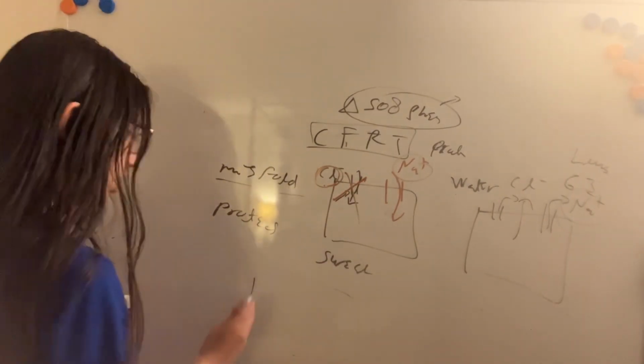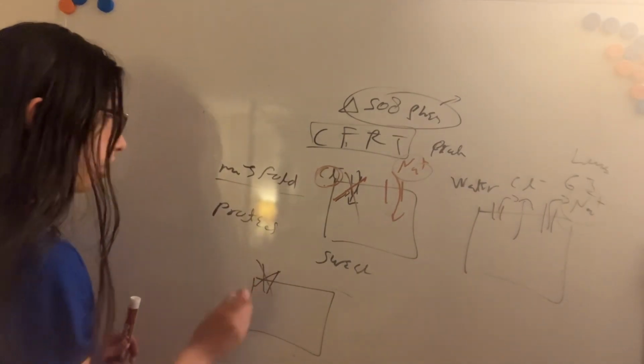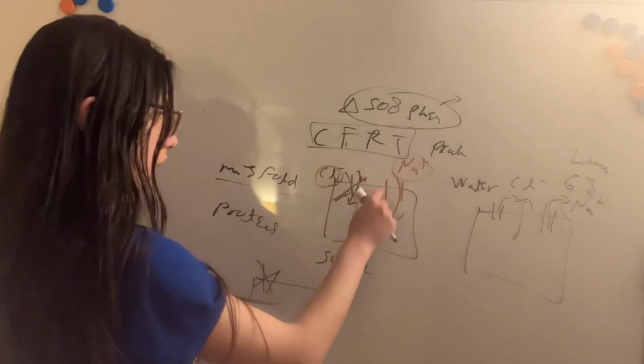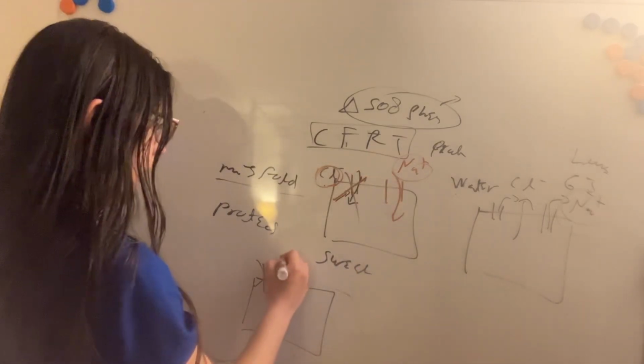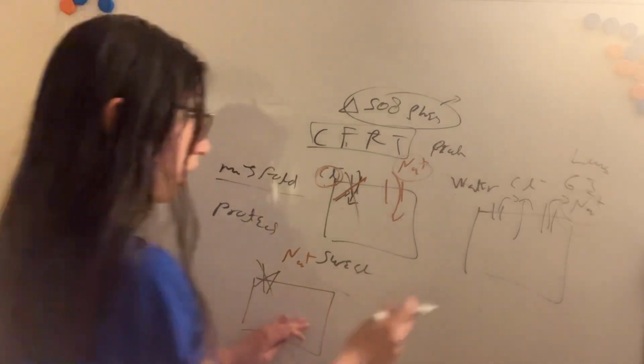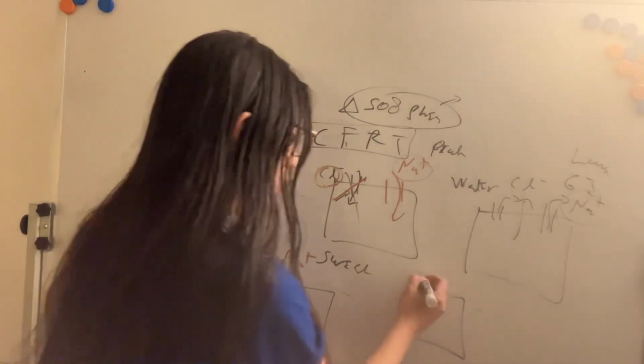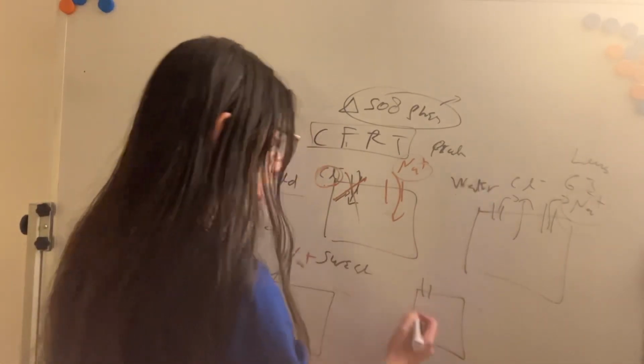So here's the same cell. There is no reabsorption of the chloride, so the sodium will stay here in the sweat gland duct, and in the epithelial cell of the gastrointestinal tract or the lungs, because there is no secretion of chloride.